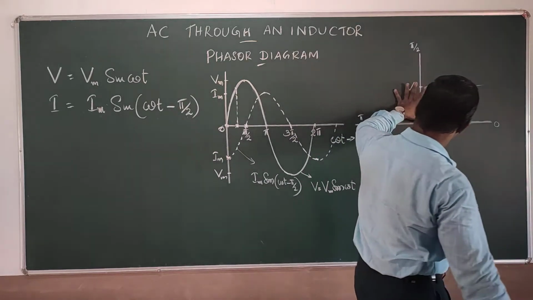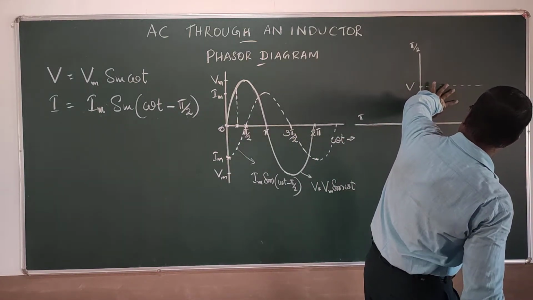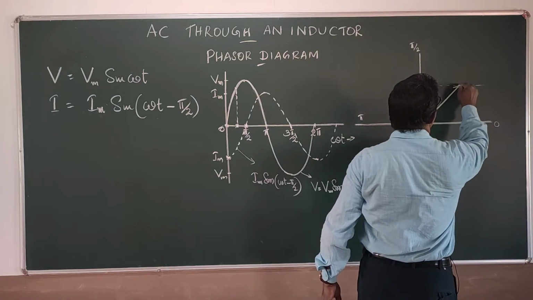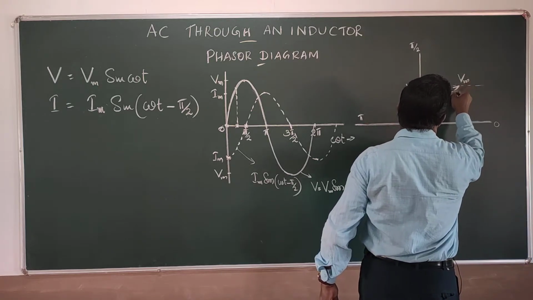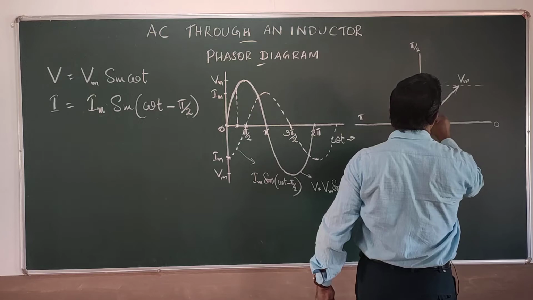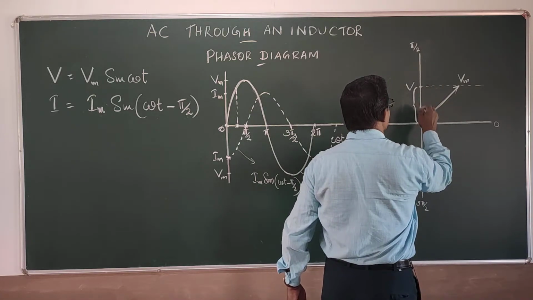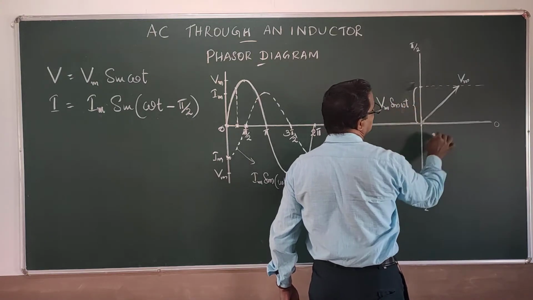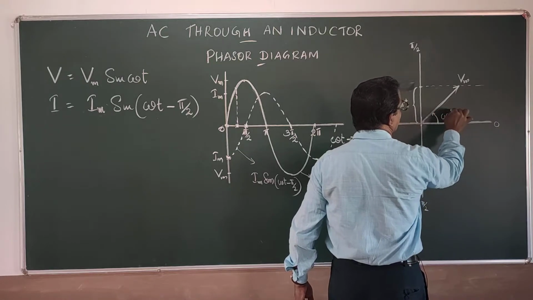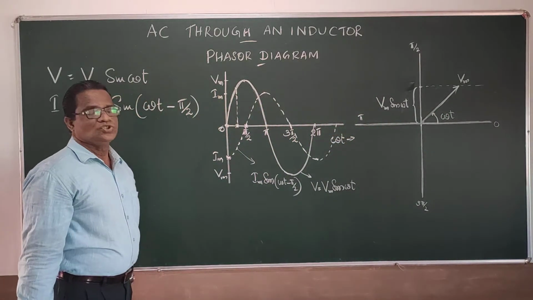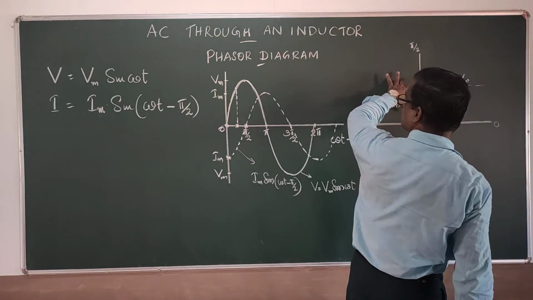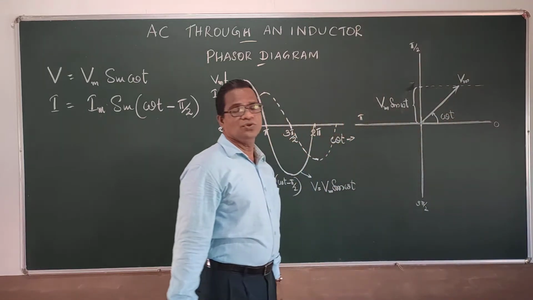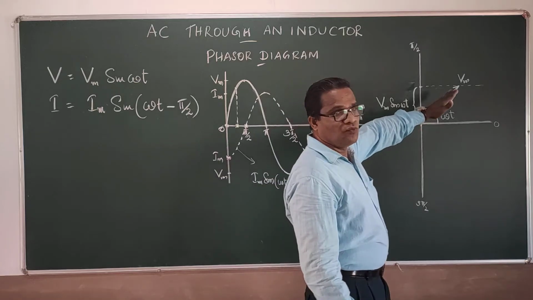I take that Vm and keep it over here, and therefore this will be your Vm sin omega t, because this angle is taken to be omega t. So the projection of this Vm comes over here, and you get the value of Vm sin omega t. So you got the phasor of voltage here now.